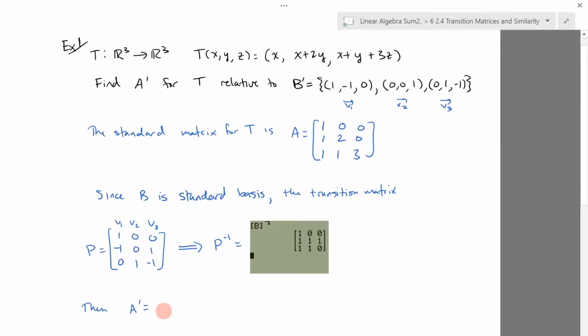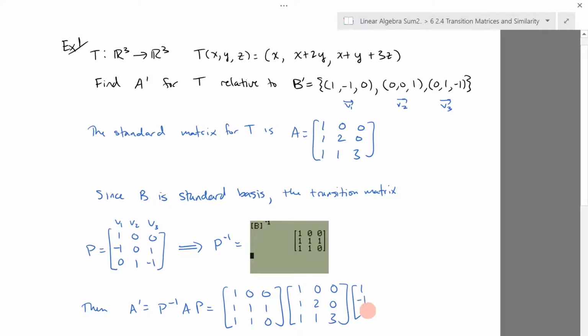That's P inverse AP. So bring it out, it'll be 1, 1, 1, 0, 1, 1, 0, 1, 0 times A, which is 1, 1, 1, 0, 2, 1, 0, 0, 3 times P, which is 1, 1, 0, 0, 0, 1, 0, 1, minus 1.